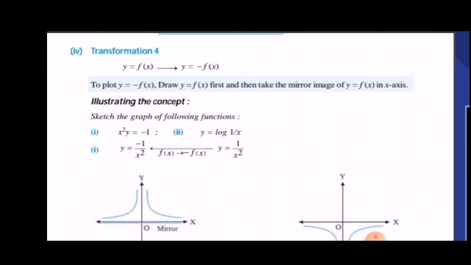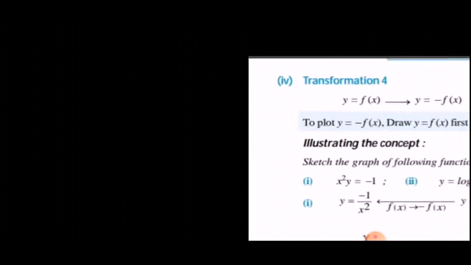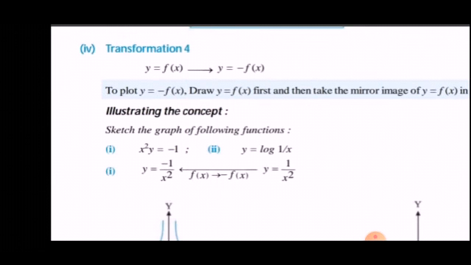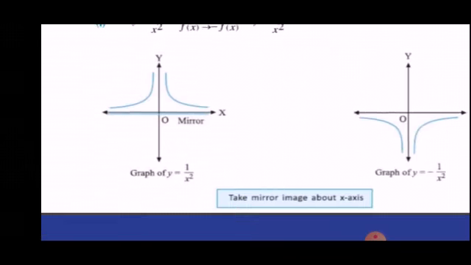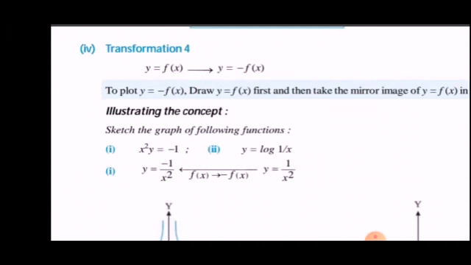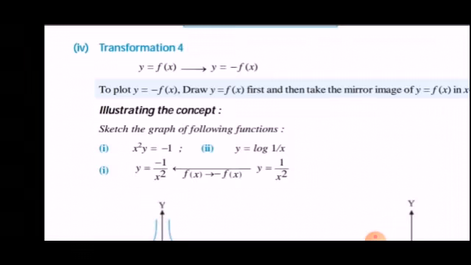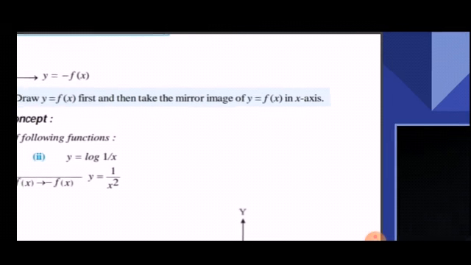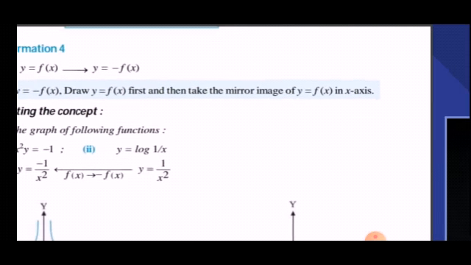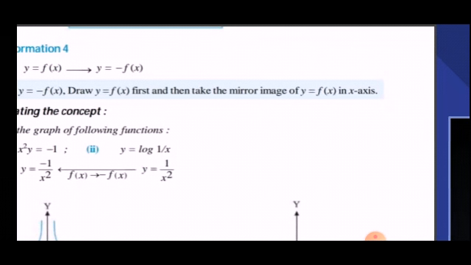If f(x) is above the x-axis, then it comes in the negative part, and if it is negative, then it comes in positive. To plot y equal to minus f(x), draw y equal to f(x) first and then take a mirror image of y equal to f(x) in the x-axis.